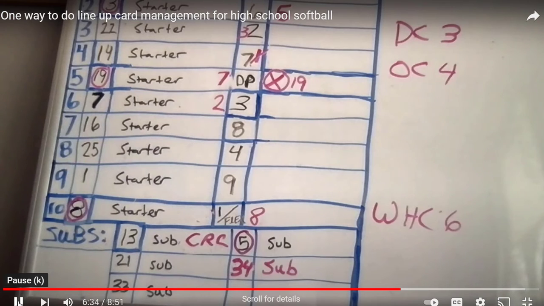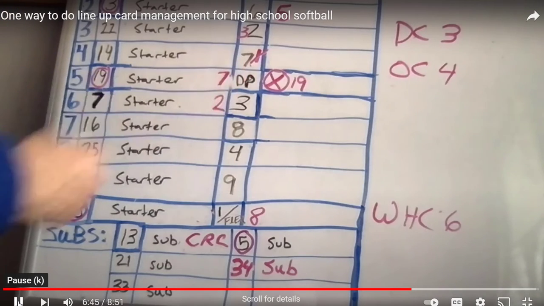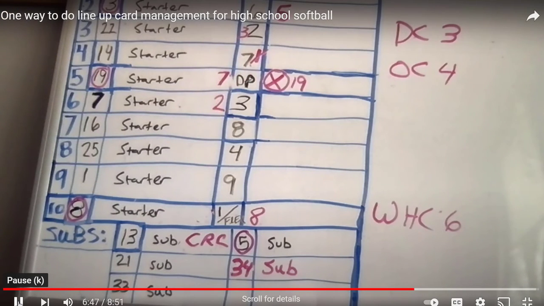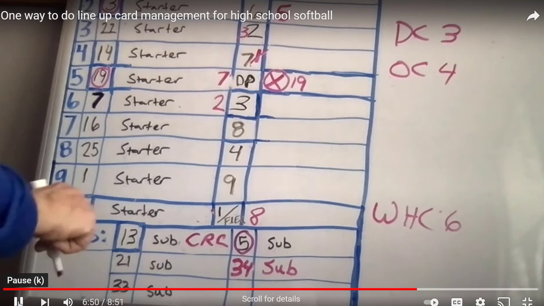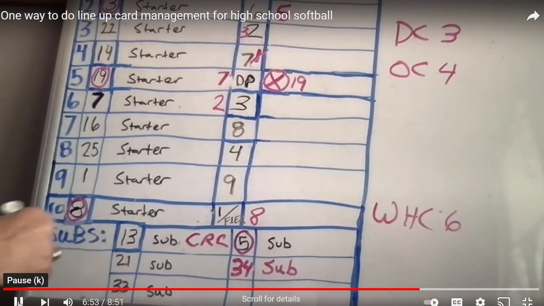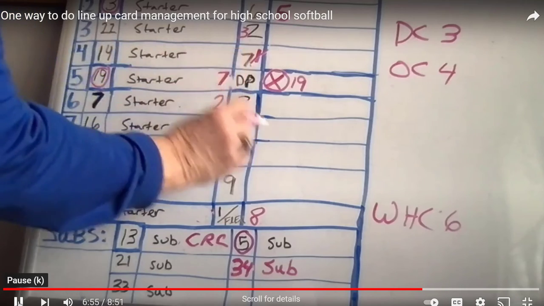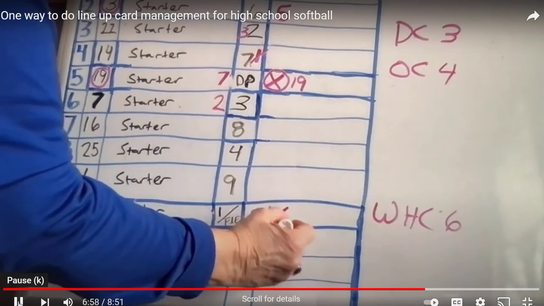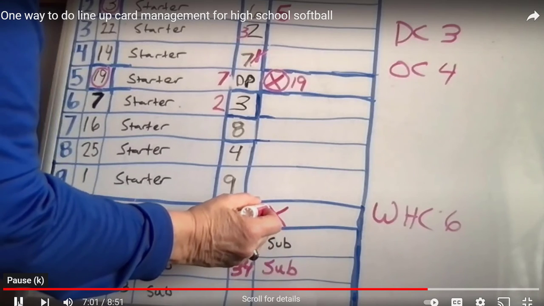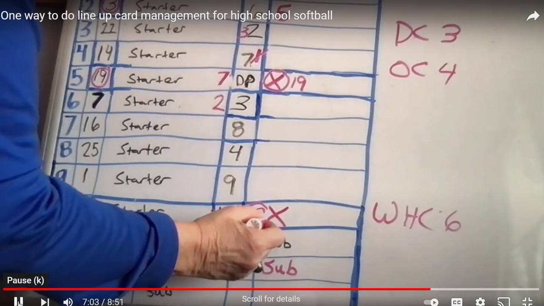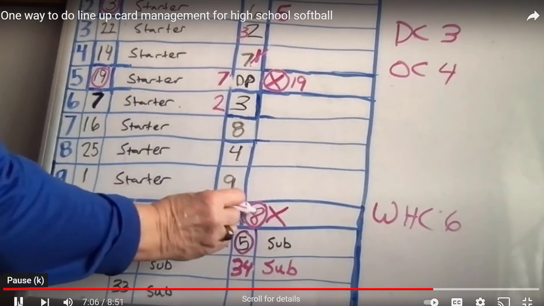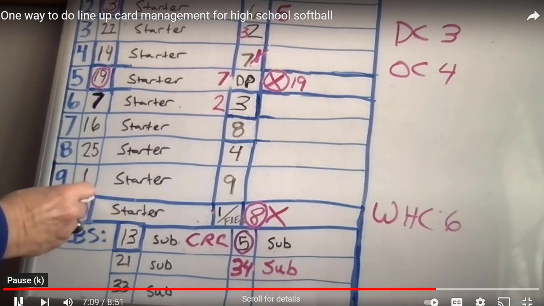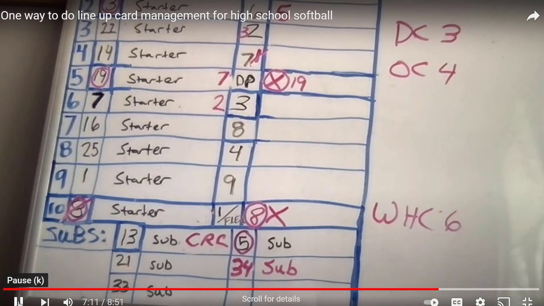One other thing that we may need to do is, let's say that we want to have our designated player play defense for the flex. She's already been out of the game once, but if our designated player comes in, playing defense for the flex, number 8 has been out of the game twice, and she is no longer eligible to come back in.